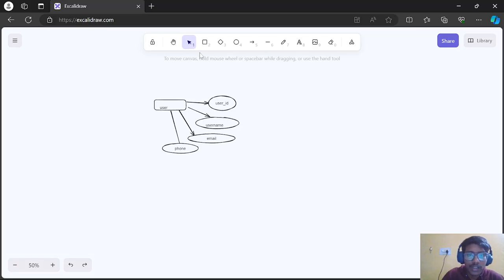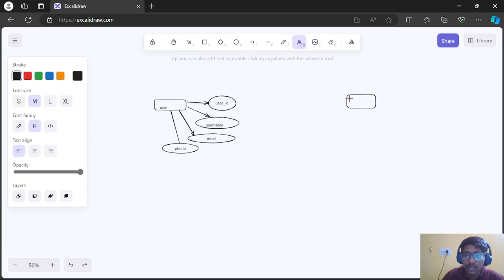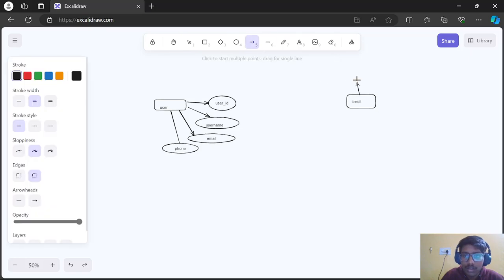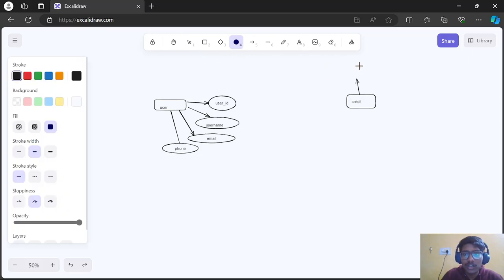What shall be our next entity? Okay, let's go with the credit. That would be the credit entity. And what are the attributes, as we discussed earlier, in the credit entity?